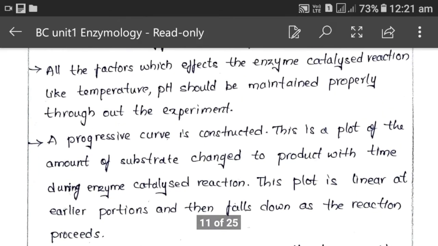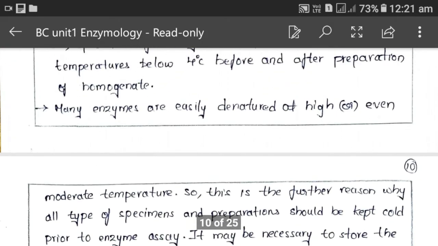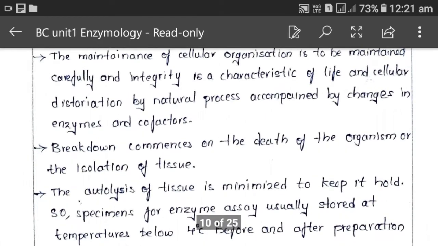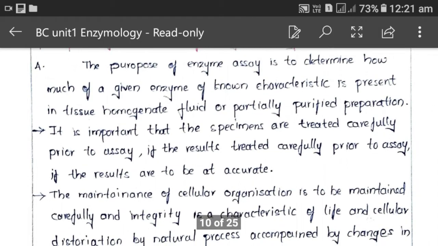Now let's see the enzyme assay. What is an enzyme assay and how can we use it? Fundamentals of enzyme assay: we go for an enzyme assay to determine how much of a given enzyme of known characteristic or known concentration is present in tissue homogenate, fluid, or purified preparations.